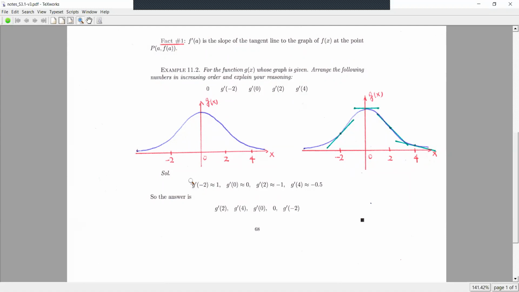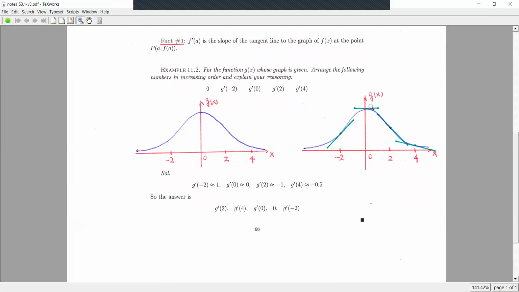So roughly, the derivative at -2 is 1. Now, the derivative at 0. According to this fact, this is the slope of the tangent line at 0. At 0, I draw a tangent line to the graph of the function.